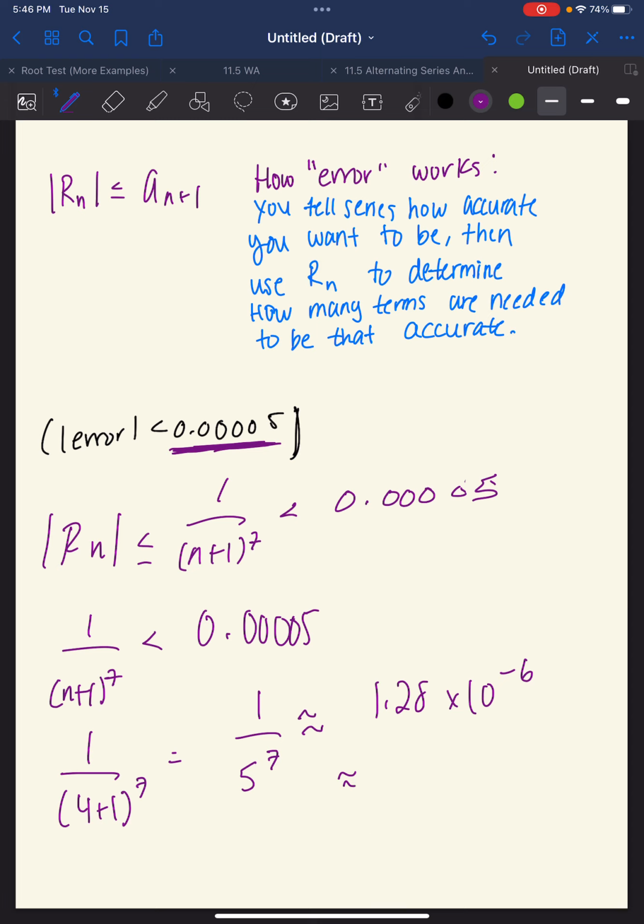You just move the decimal 6 places to the left, so that's 0.00000128, 1, 2, 3, 4, 5, 6. So that's equal to 0.0000128, and that's less than 0.00005.